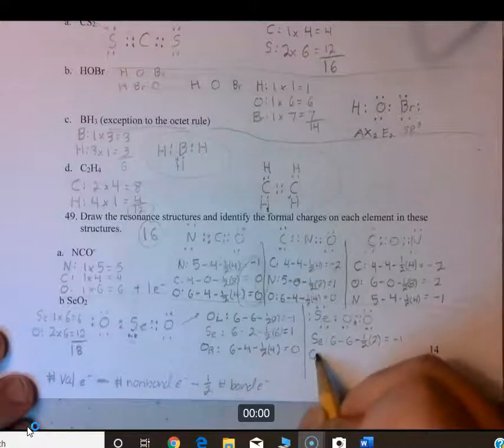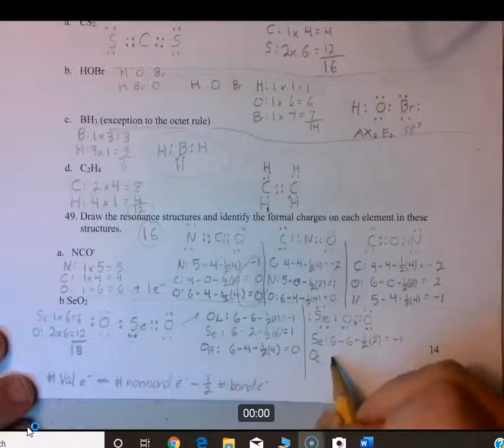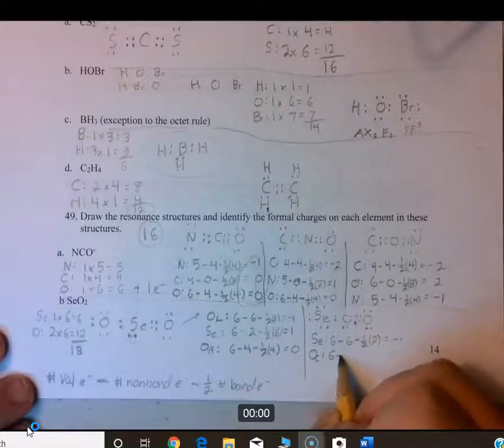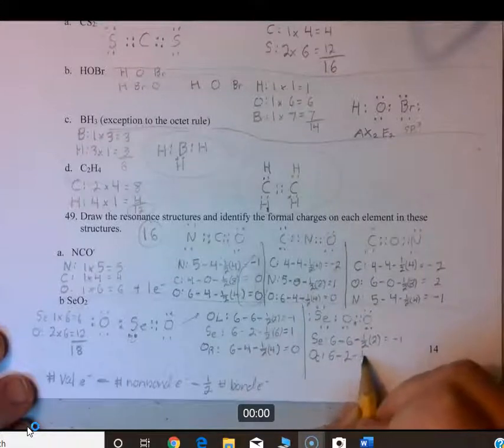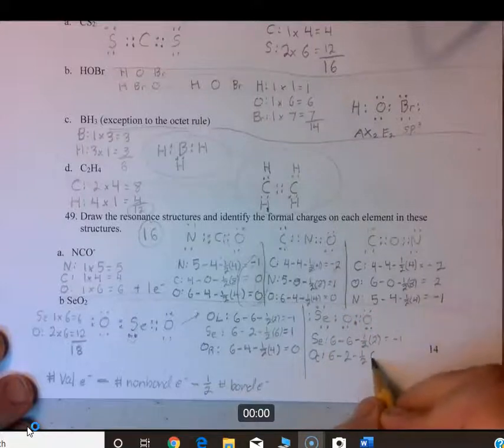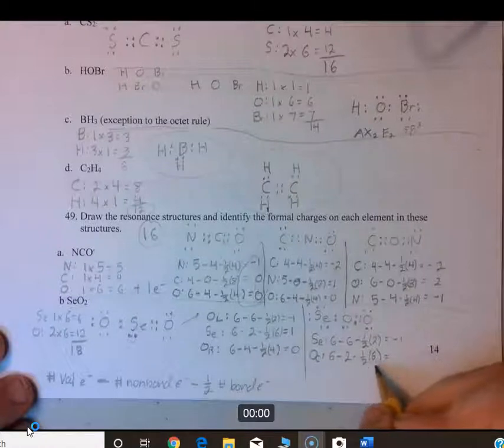And then we're going to do the O in the center. I'll call that O sub C. And that's going to be 6 minus, there's 2 non-bonding, and the half of the 1, 2, 3, 4, 5, 6 bonding. 6 minus 2 is 4, half of 6 is 3, that's going to be +1.